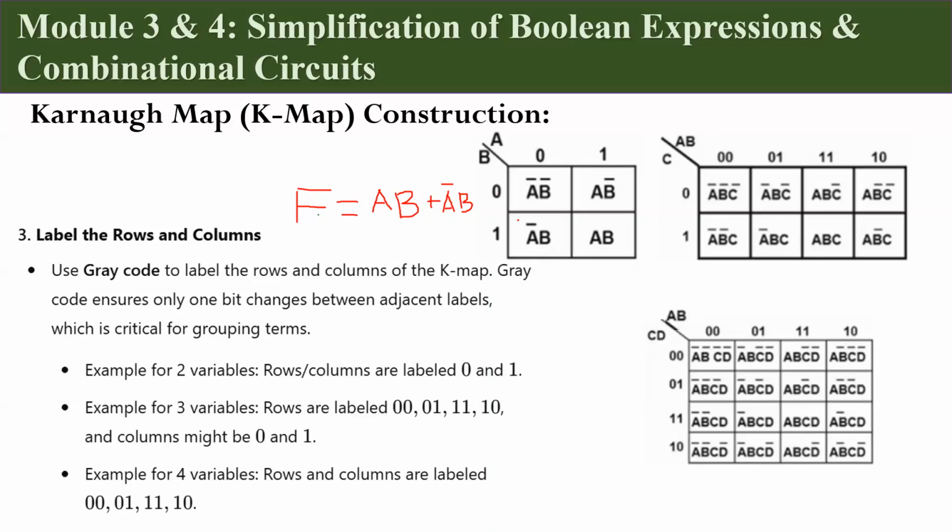In this 2 by 2 Karnaugh map, where am I supposed to put my function? Are you seeing my mouse? The first cell, am I putting anything there? Yes or no?